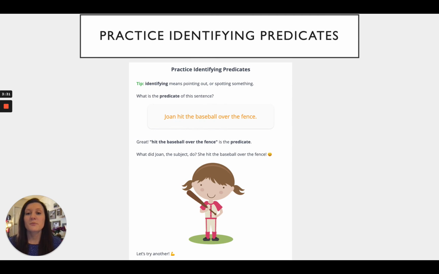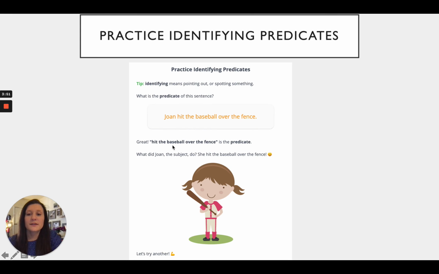All right, so now we're going to practice identifying predicates. So here is a little tip. Identifying means that we are pointing out or spotting something. All right, so what is the predicate of this sentence? Joan hit the baseball over the fence.